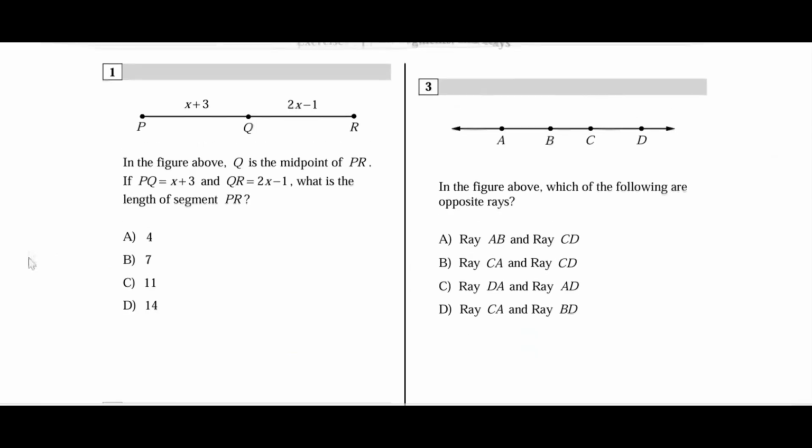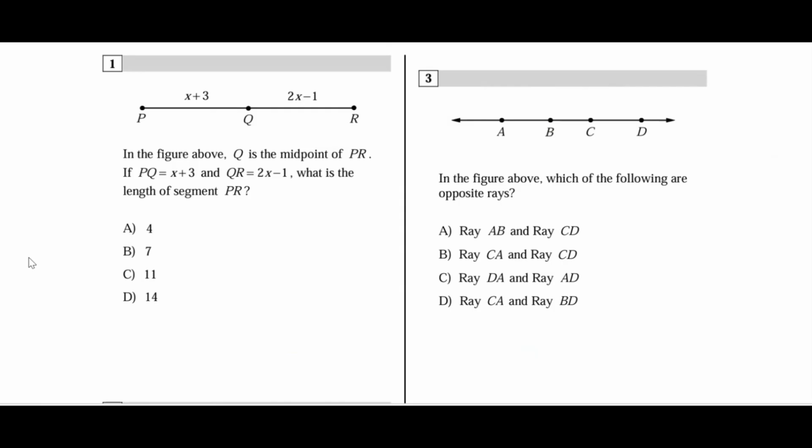Now this question. Tell me the answer for this question, Nesma. Yes, question number 3. Definition of a ray: in case of a ray, you have one arrow at one side.